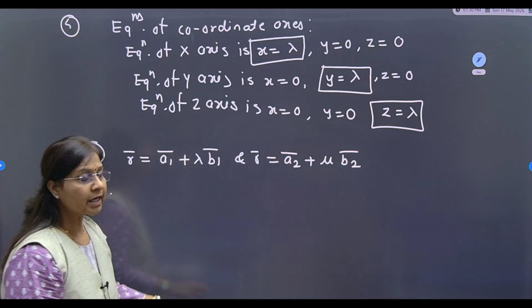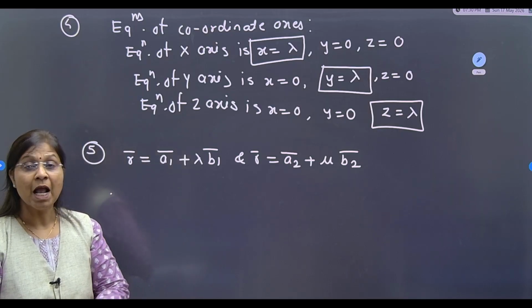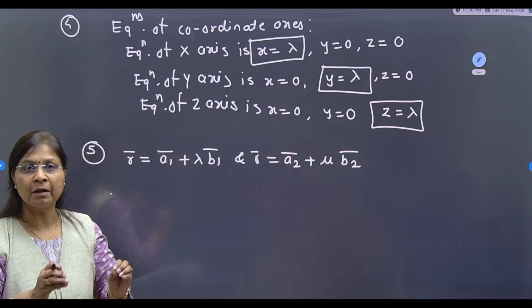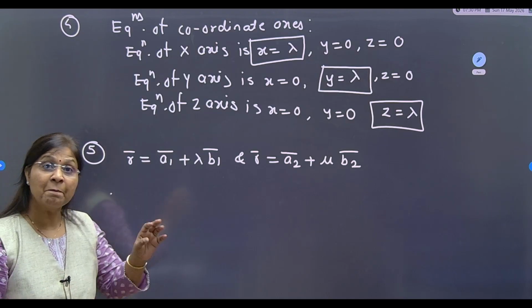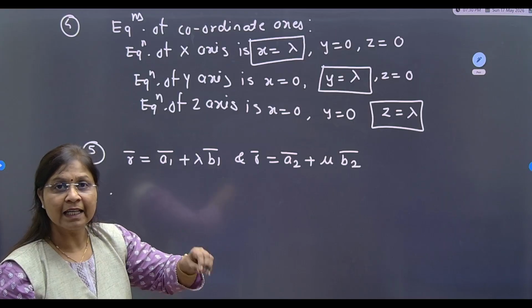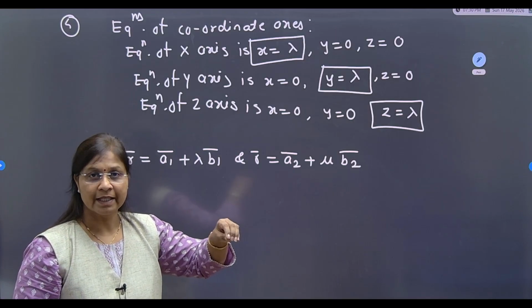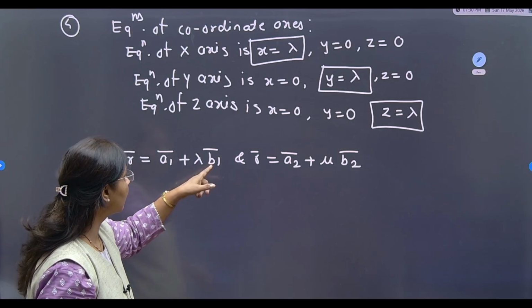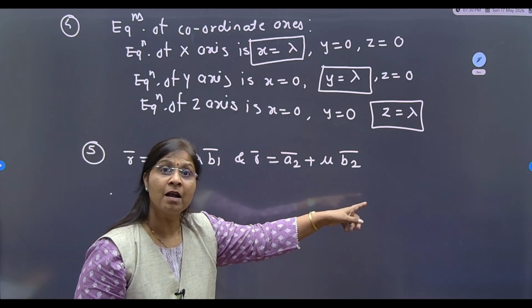Okay, vector equations of two lines are given and the question is to find the angle between the two lines. The angle between two lines is the angle between their parallel vectors b1 bar and b2 bar.